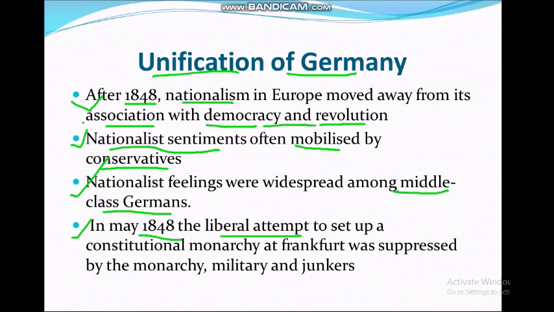This liberal initiative to nation building was, however, repressed by the combined forces of the monarchy and the military, supported by the large landowners. The landowners also supported the conservatives in suppressing the middle-class movement. From then on, Prussia took on the leadership of the movement for national unification.